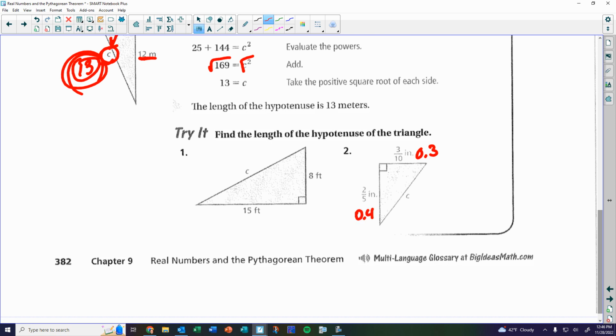Same number, we just change it to a decimal. So now we completely eliminate the adding common denominators. So opposite the right angle is the hypotenuse, so that's what we're looking to find. In A squared plus B squared equals C squared, we're looking for the C. So we're going to plug the other two in for A and B.